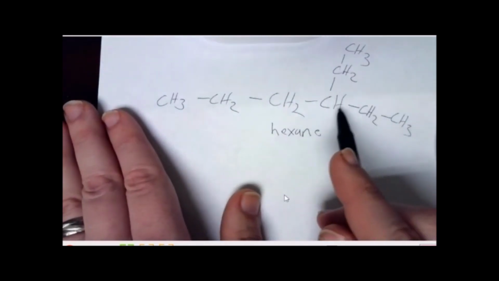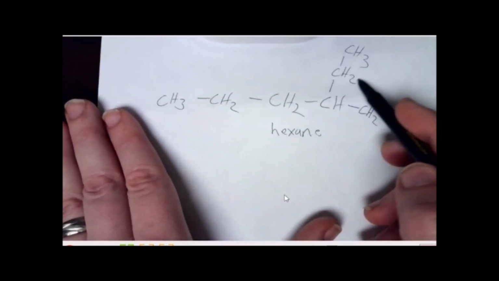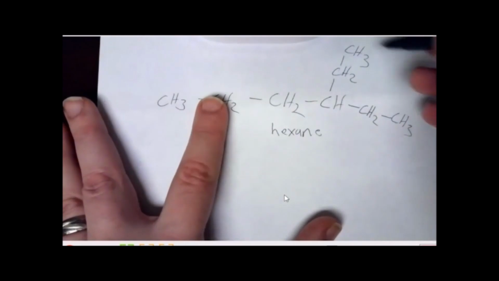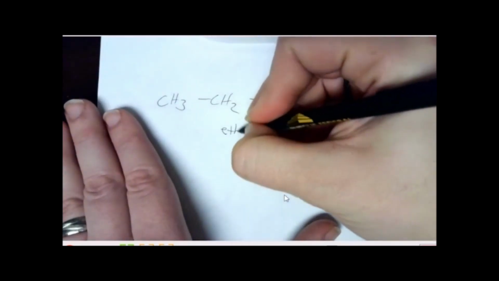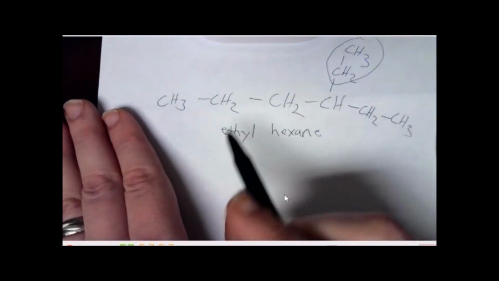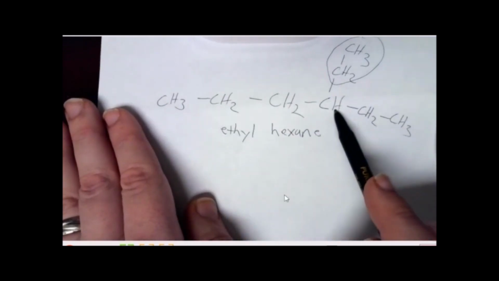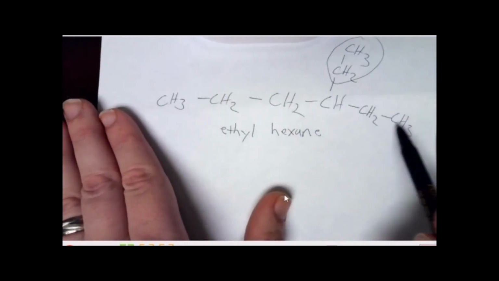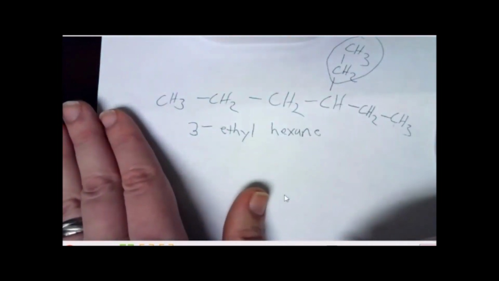It doesn't matter which group is coming off. This is an ethyl group. That's ethyl hexane. But where is it coming off? If we number from here, it's 1, 2, 3, 4. But if we number from here, it's 1, 2, 3. So we'd call it 3-ethyl hexane.